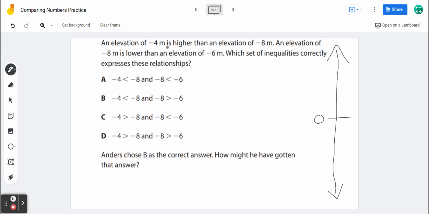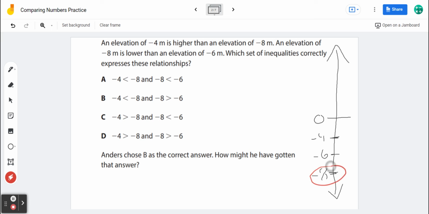An elevation of -4 meters. So -4 is under 0 because it's on the negative side. -4 meters is higher than an elevation of -8 meters. An elevation of -8 meters, I already have this on the number line, is lower than an elevation of -6 meters.